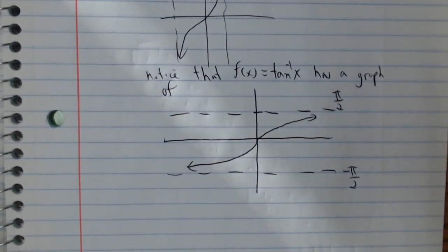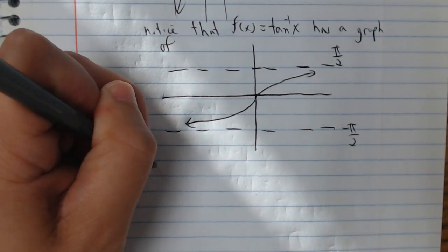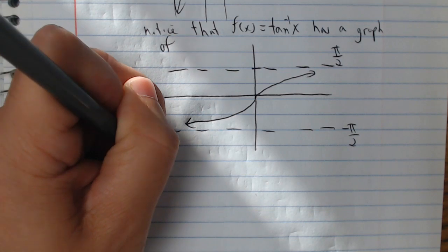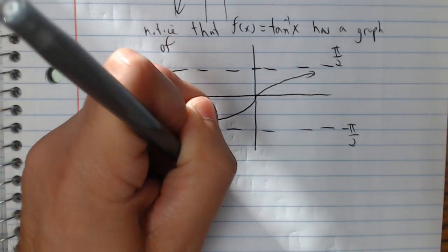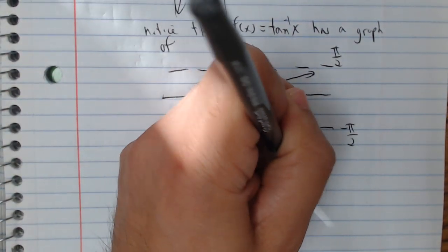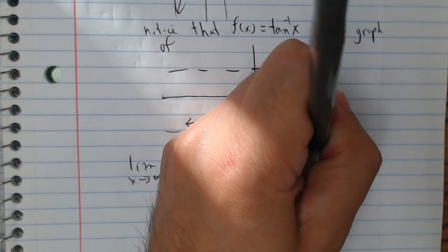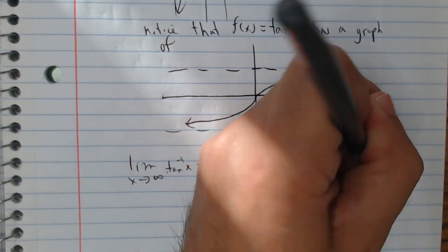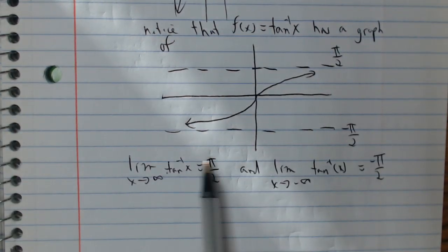And what do you notice? We can say the limit as x goes to infinity of tangent inverse of x is pi over 2. And the limit as x goes to negative infinity of tangent inverse of x is negative pi over 2. So what do you notice? This has two different horizontal asymptotes.